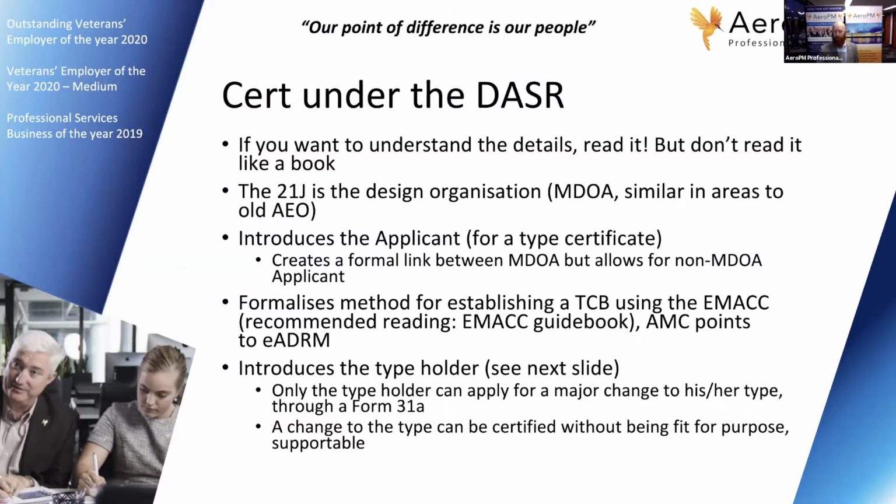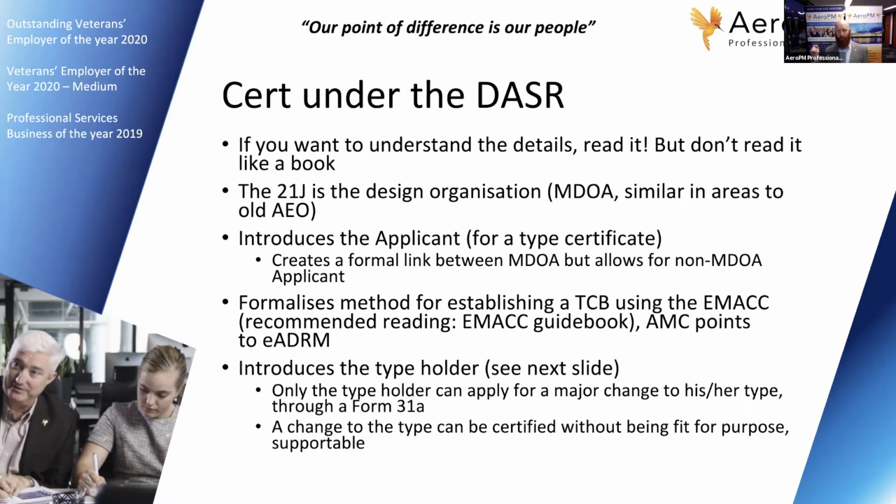Now, the 21J does introduce this term, the applicant, and the applicant is the individual empowered to apply for a type or for the modification of a type or a supplemental type. Again, some of that role is similar to the old design acceptance representative. Some of it's similar to the old senior design engineer, but there are a lot of differences.